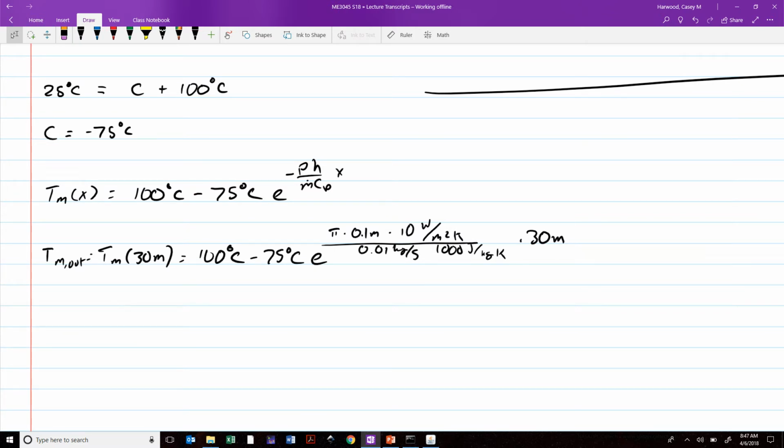And plugging this into our calculators, we should end up with approximately 99.99 degrees Celsius. So it has reached almost complete thermal equilibrium with the pipe.